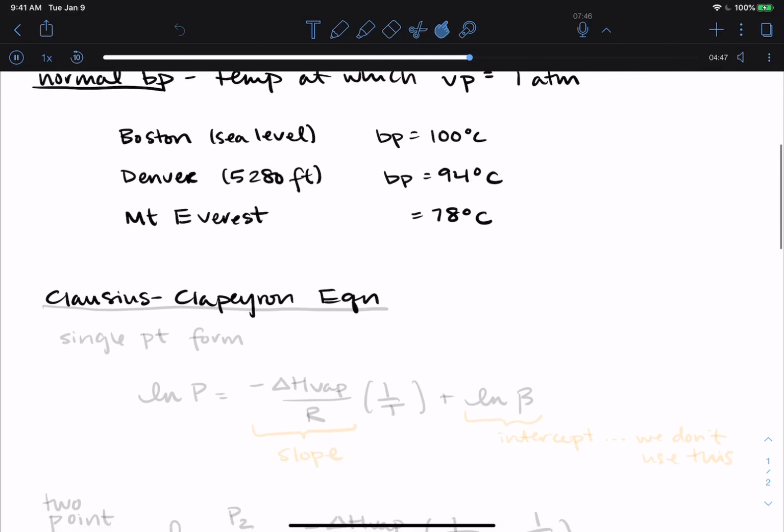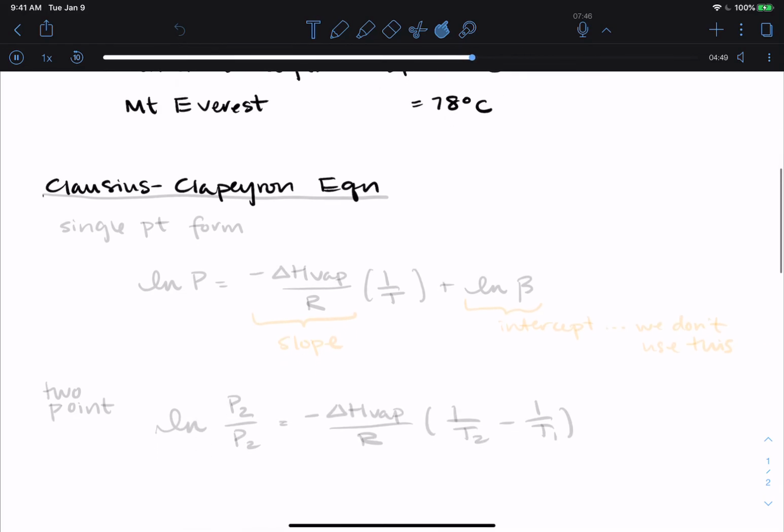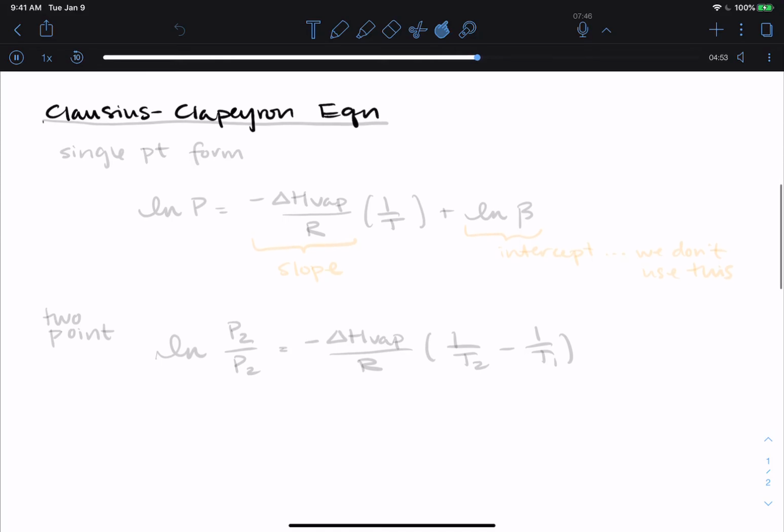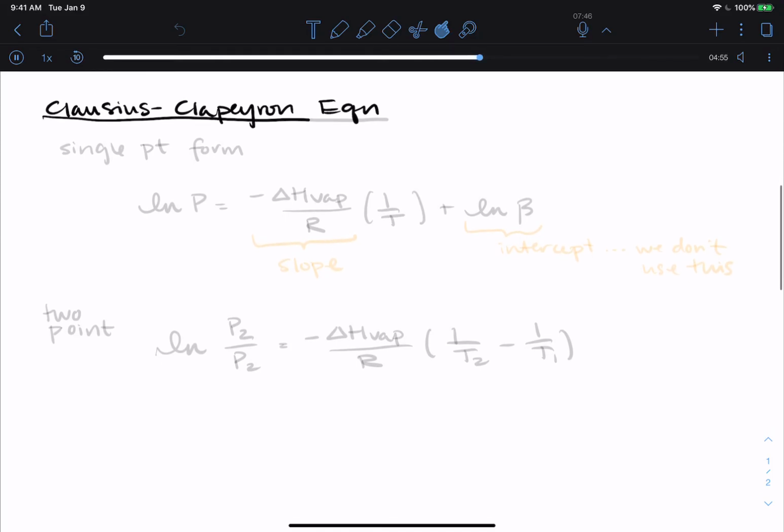And like so many equations that we have looked at recently, there is a single point form and a double point form. The single point, just like all of the other equations we've looked at, we will not use probably for anything this semester, but it will show up in your reading.